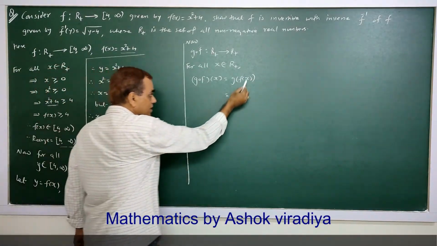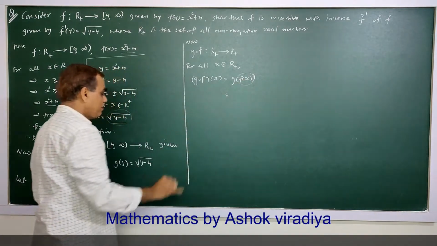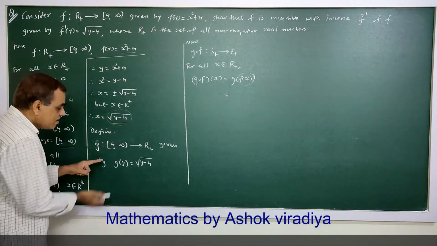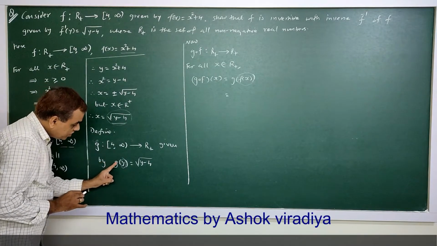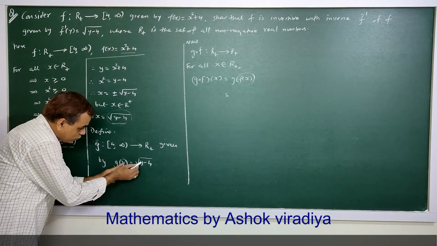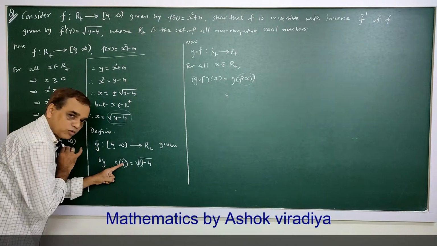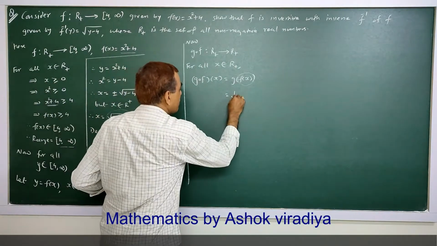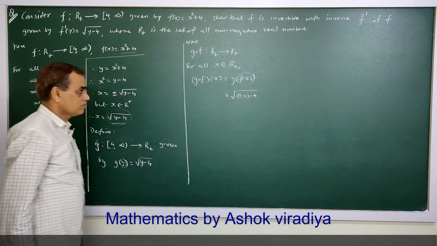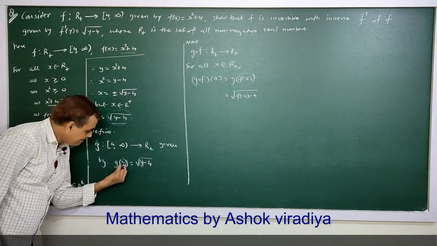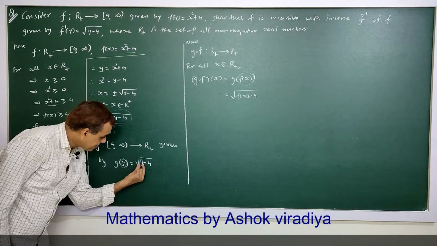Now this f(x) we are putting in the formula for g. Here I am putting f(x). So g(f(x)) equals the square root of f(x) minus 4.